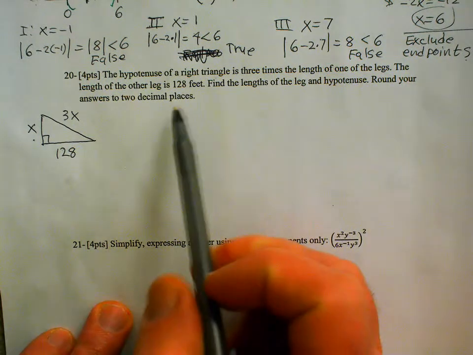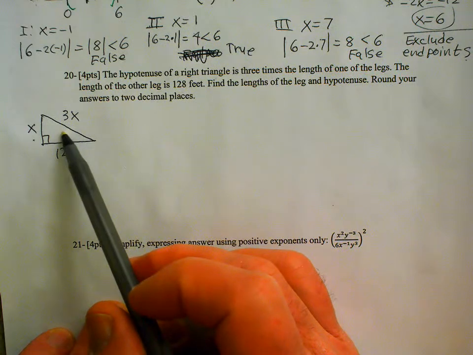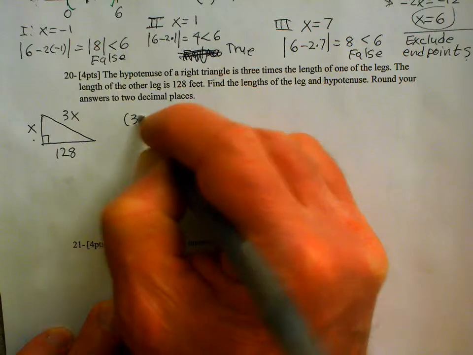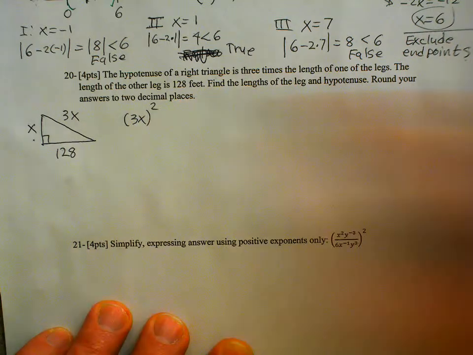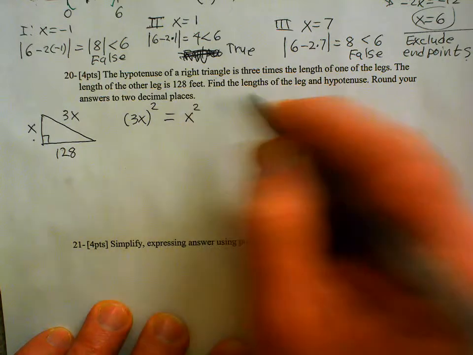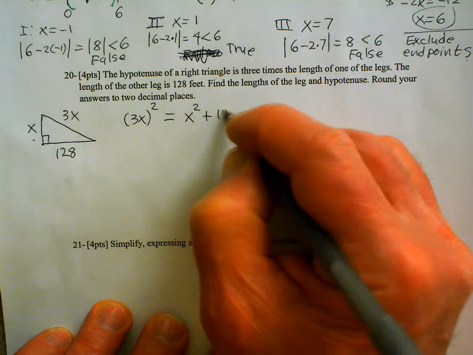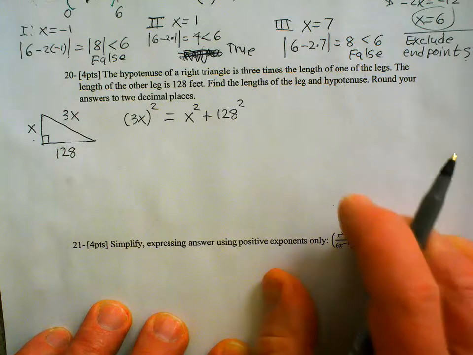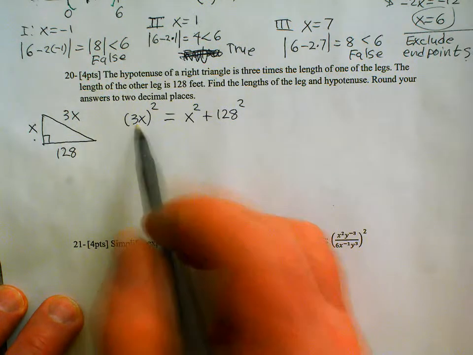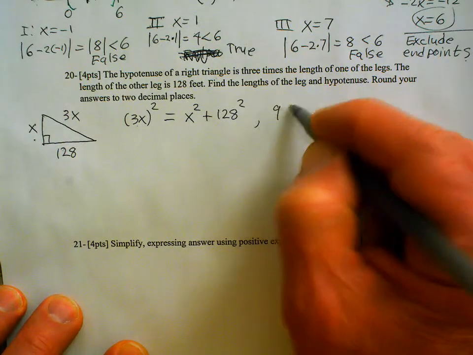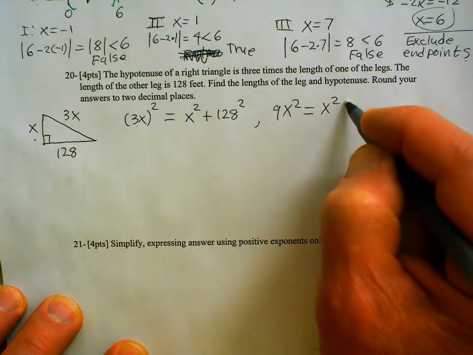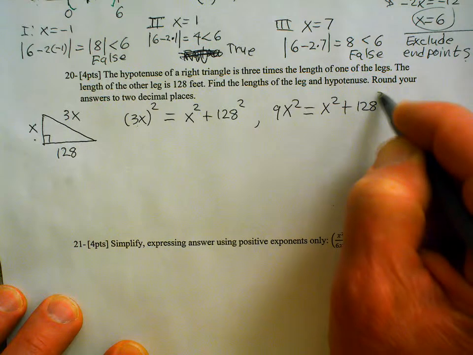Then we just apply the Pythagorean theorem to this right triangle. If we square the hypotenuse, the term 3x squared is equal to x squared plus 128 squared. When we square the term 3x, we get 9x squared, which is equal to x squared plus 128 squared.